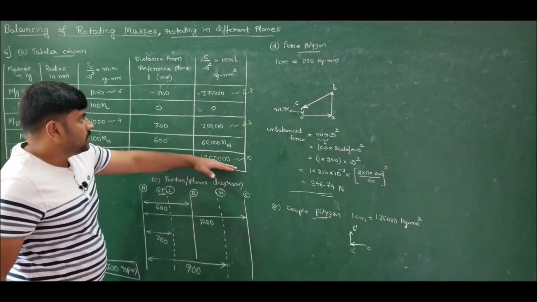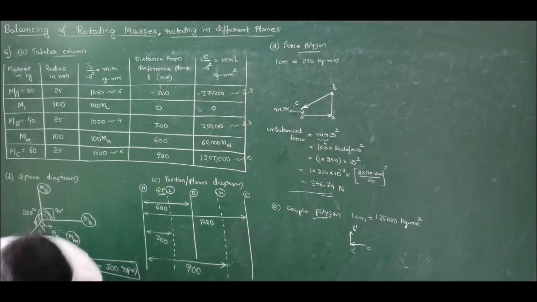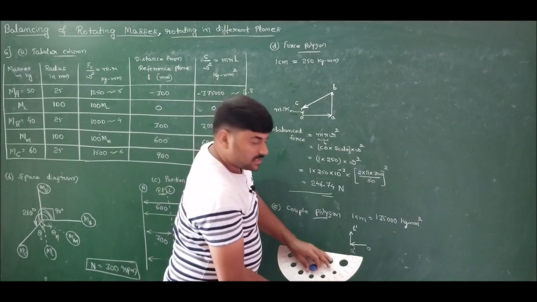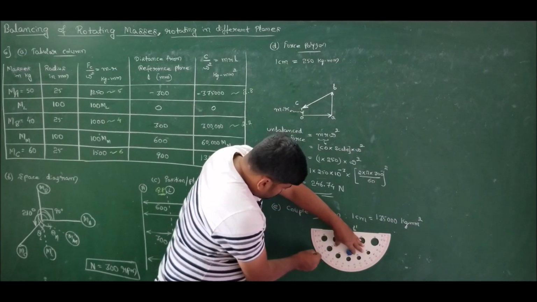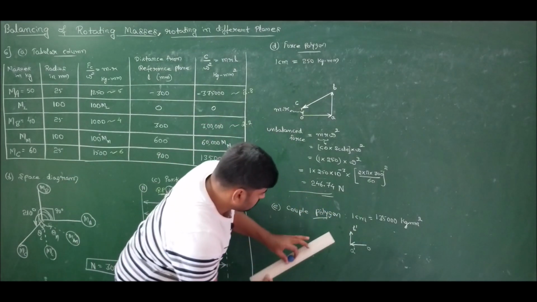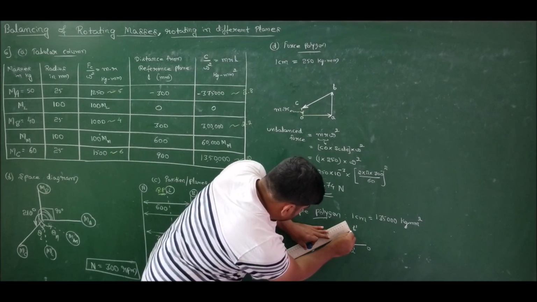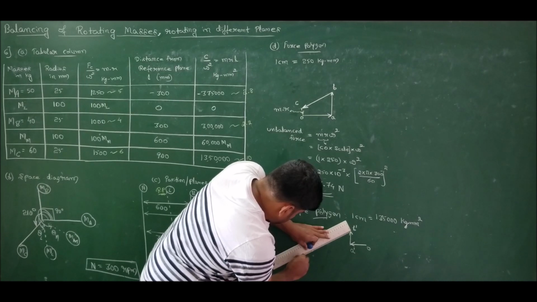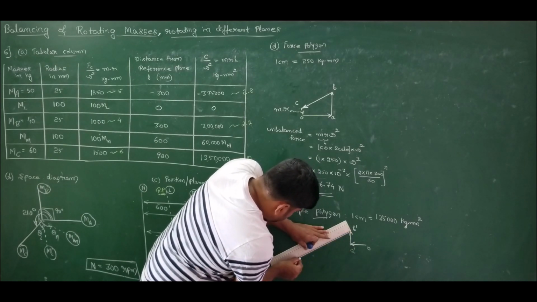Now 10 centimeters is at an angle of 210 degrees. 210 degrees means 210 minus 180, which is 30. So draw at an angle of 30 degrees from the negative x-axis, 10 centimeters. Done.